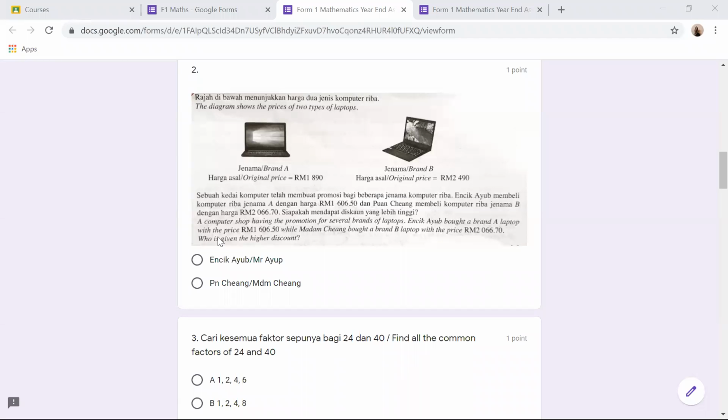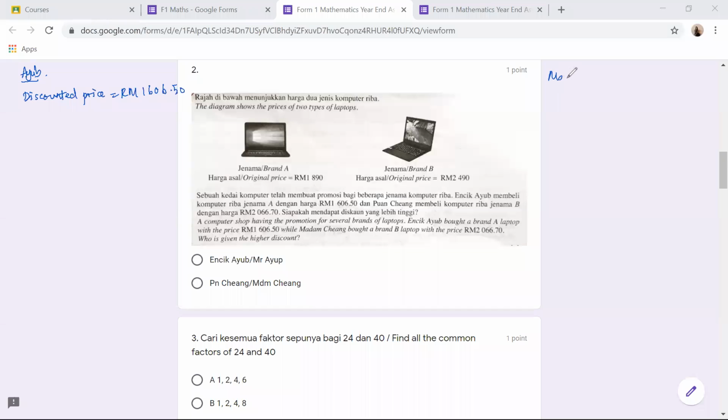Okay, now let's put down the important information over here, whereby we have Encik Ayub. The original price is 1890. The discounted price is 1,606 ringgit 50 cents.